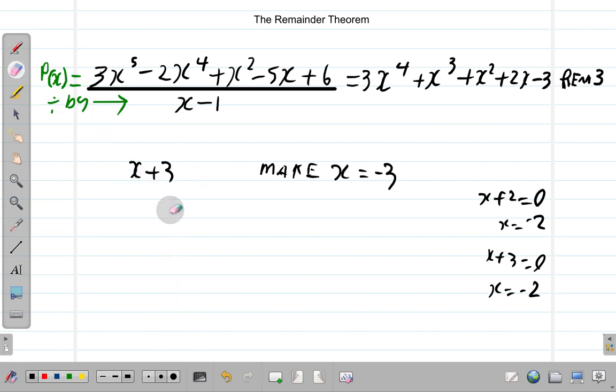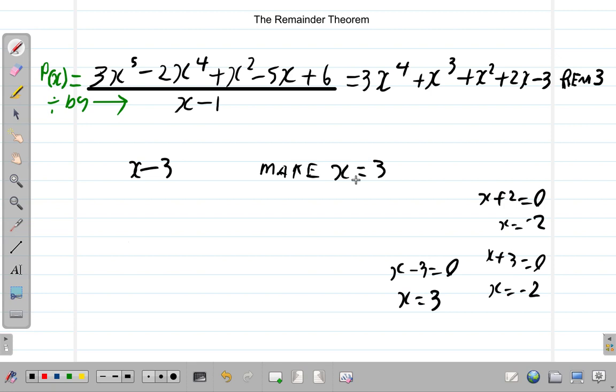If you're asked to use the remainder theorem to find out what the remainder is when the polynomial is divided by x minus 3, then you make x equal positive 3 and you replace x with positive 3. It's like saying x minus 3 is 0. What is x? X is going to be positive 3.